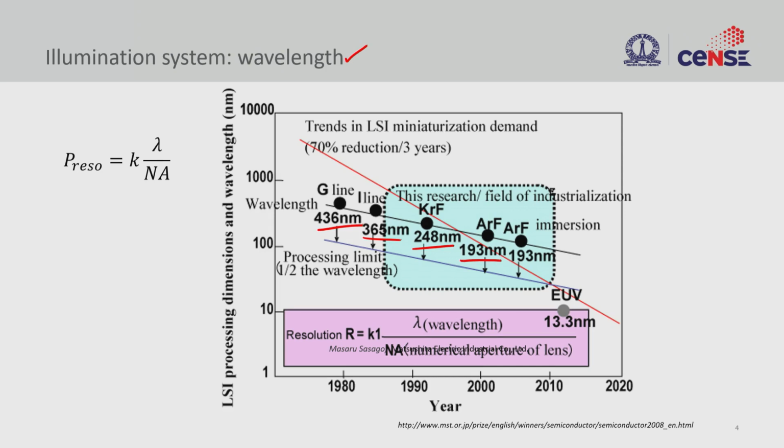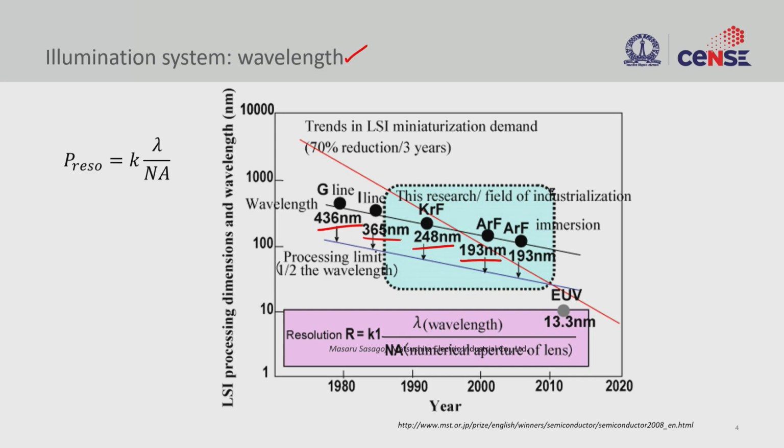But after 193 we did not see much improvement at all. So 193 is the laser line that we are using even today. And briefly there was some exploration to go to 157 nanometer, but due to various technical difficulties in photoresist development and stability and economy of scale and so on, that did not catch up.